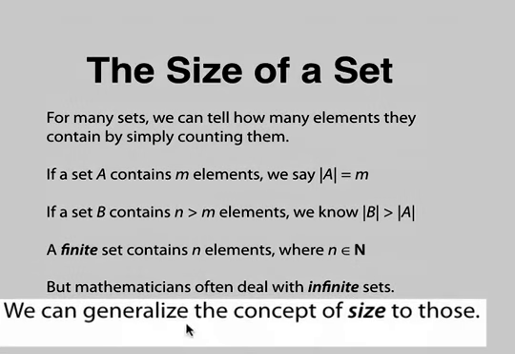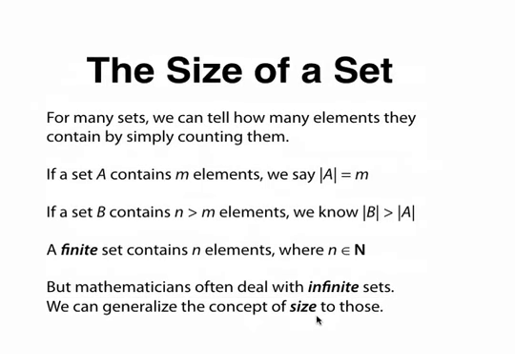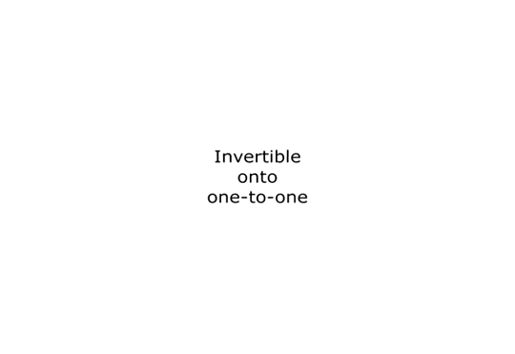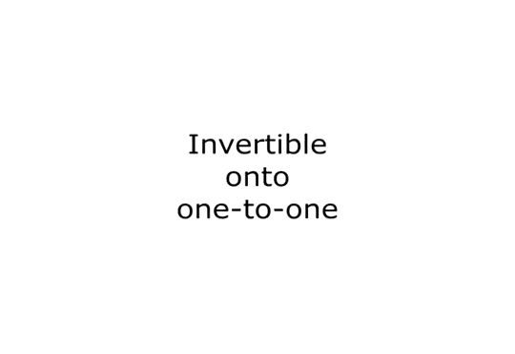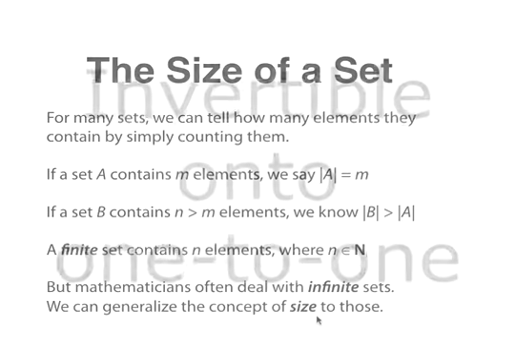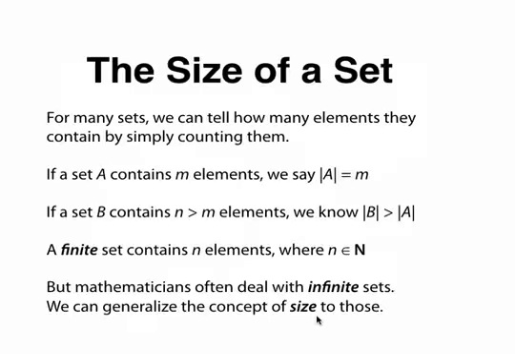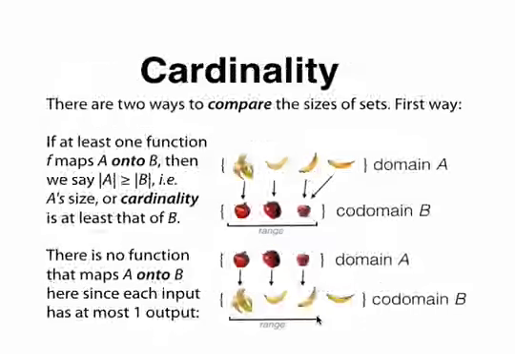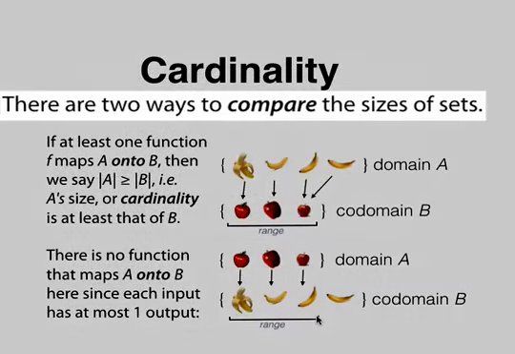But we can still do a lot of things that help us compare the sizes of these infinite sets. We're going to use the functions and the invertible and onto and one-to-one properties in order to do that. So there are a couple ways you can compare the sizes of sets, both finite and infinite.